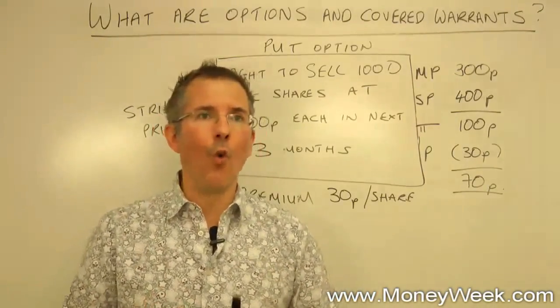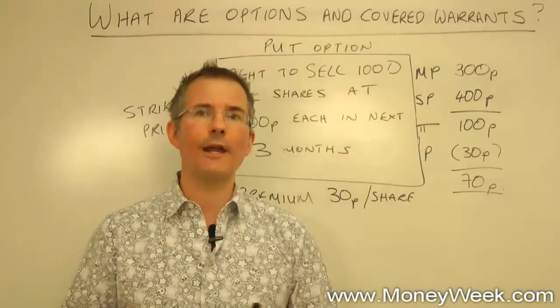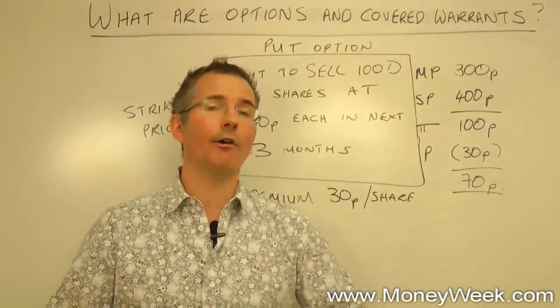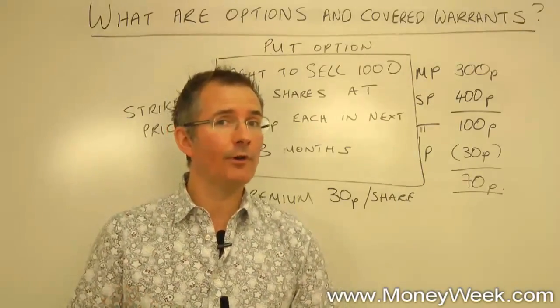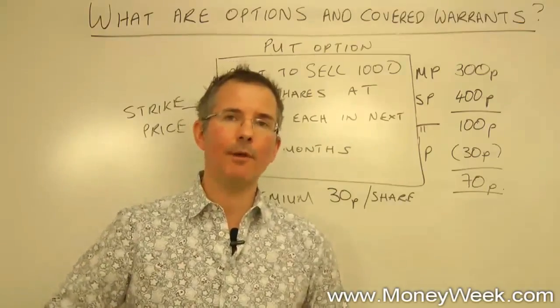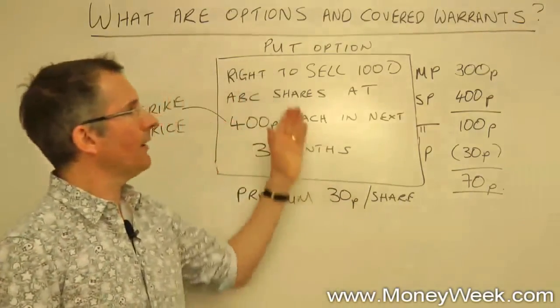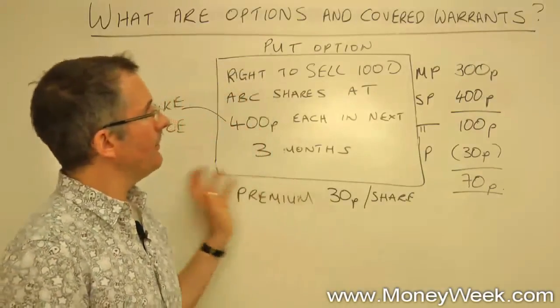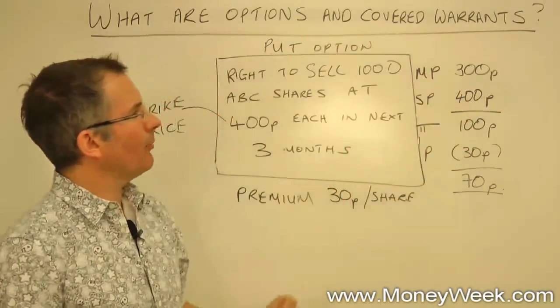In that sense, it's almost like a tradable insurance contract, if you like. Except obviously you can't trade your car insurance policy, but imagine if you could. An option can be traded on in that way because the premium will alter depending on what the underlying share price is actually doing.